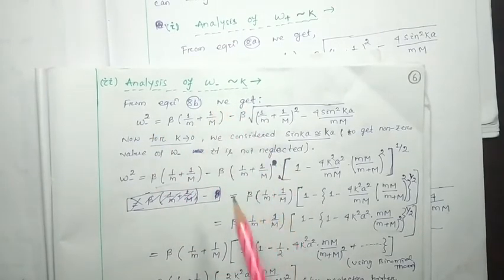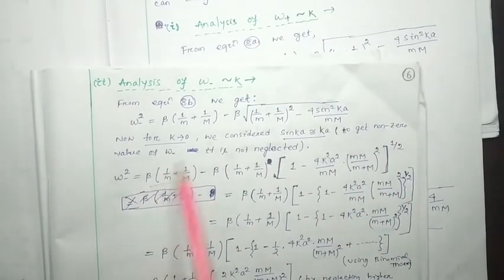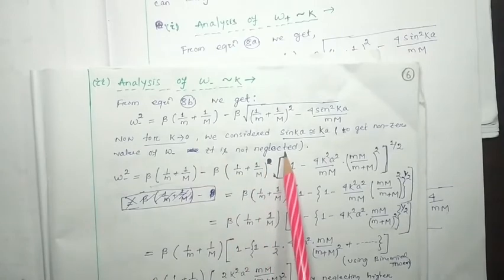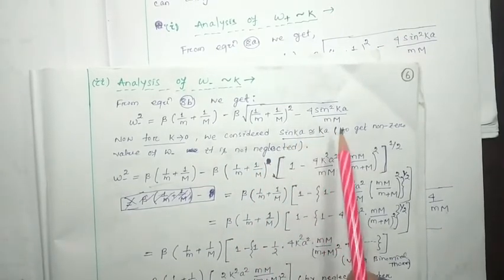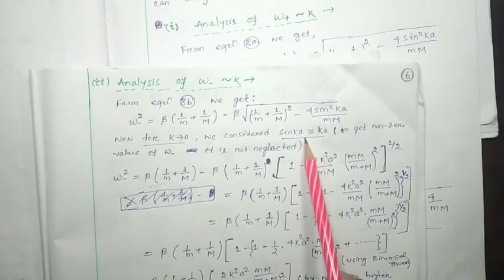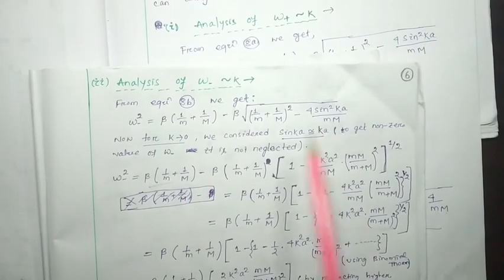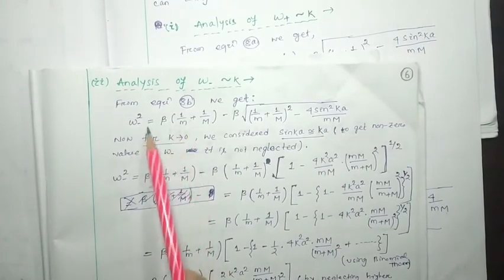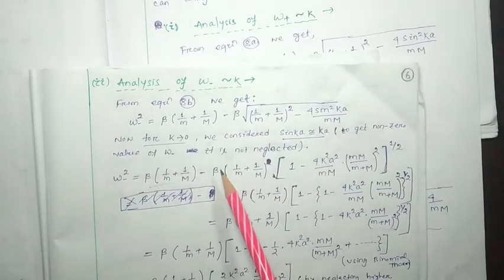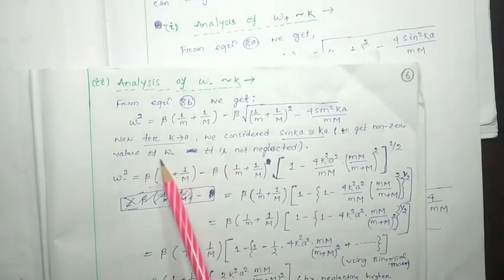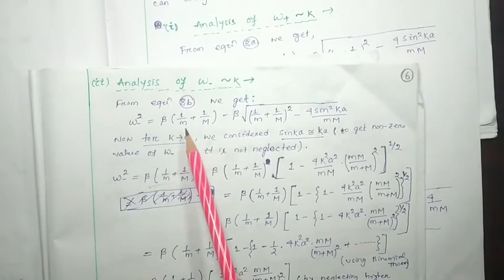So to get a non-zero value of omega minus, sin ka is not totally neglected. We consider its minimum value, that is ka, for this omega minus case, to get the non-zero value of omega minus at k tends to 0.